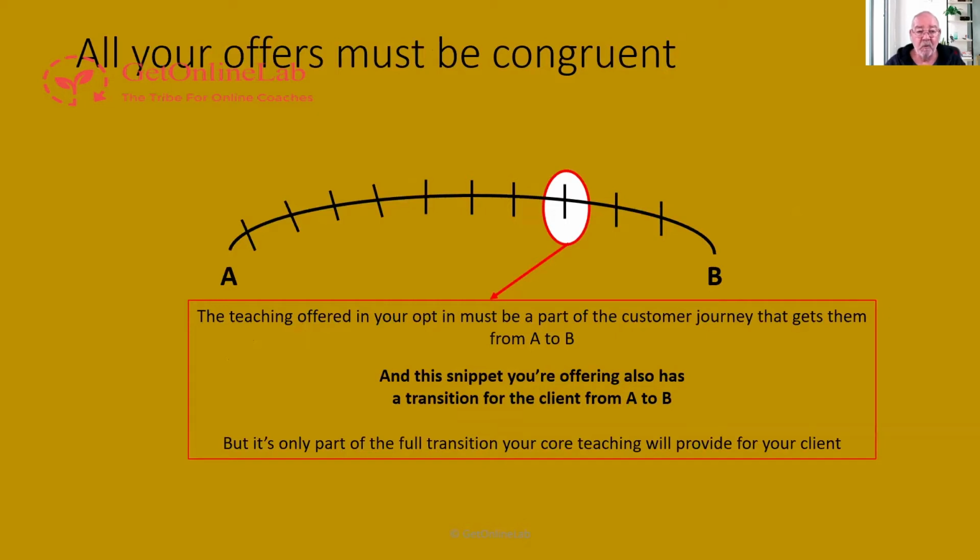The one I've circled there could be a lesson, which is simply a part of the journey that you're taking your clients on. But within that snippet, there's also going to be a pain point, and you're promoting a result. So you're promoting a partial solution to a part of the problem. So the same rules apply.